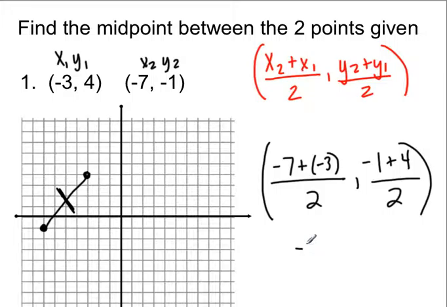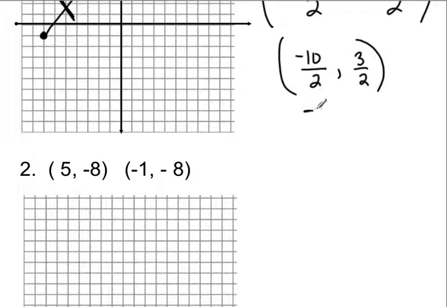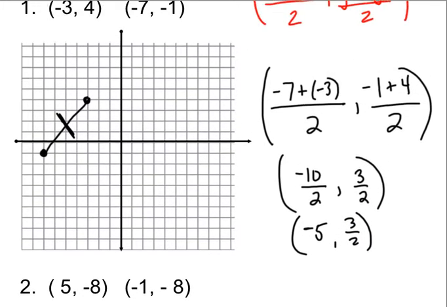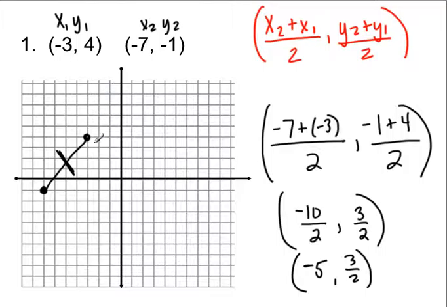That's going to give you negative 10 over 2, and that will give you 3 over 2, which would reduce to negative 5, and then 3 over 2. So negative 5, 1, 2, 3, 4, 5, and then that point right there is negative 5, comma 3 over 2, which is 1.5. So negative 5, comma 1.5.